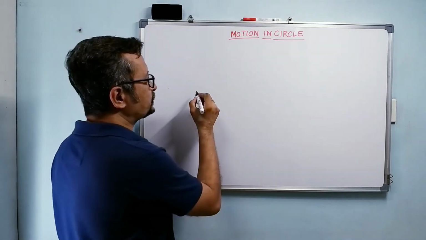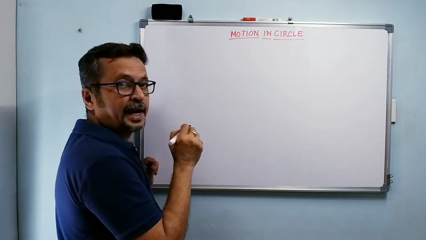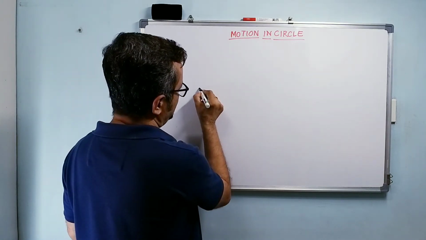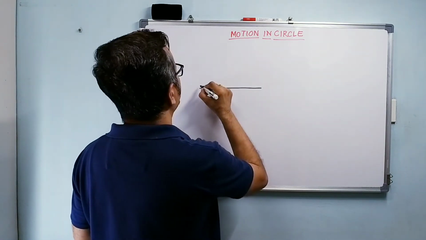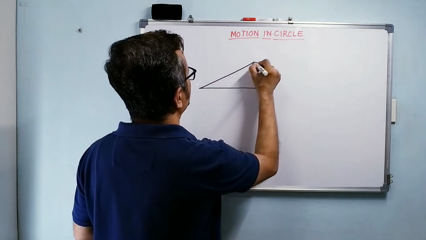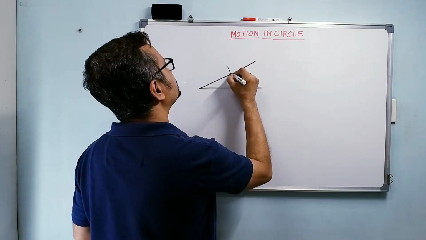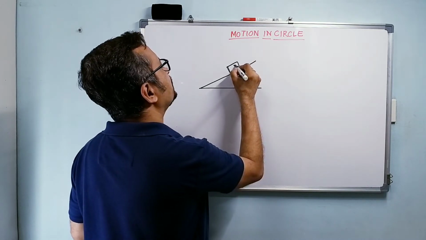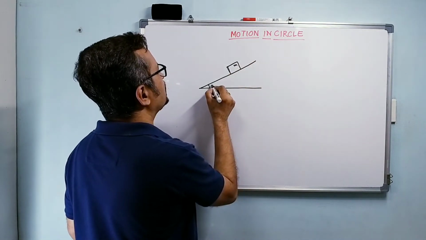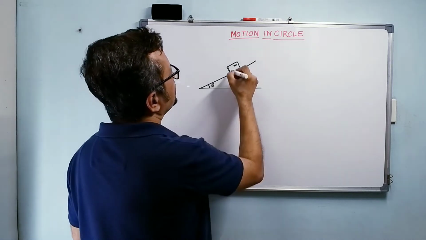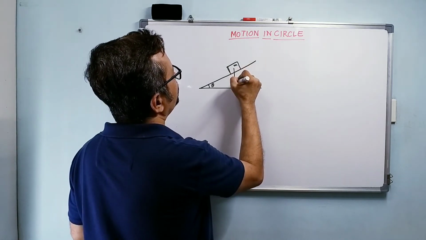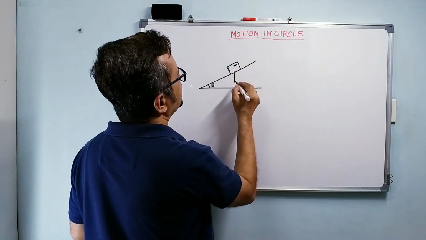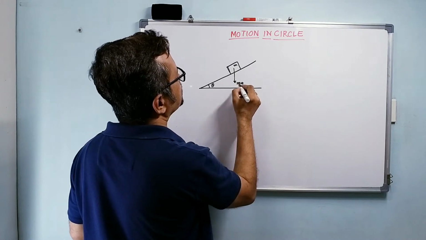Now we are going to have this curved banked road. This is my horizontal level, and this is the level of the road. My car is here with mass m. This angle of banking is theta. My weight acts vertically downwards, that is mg.